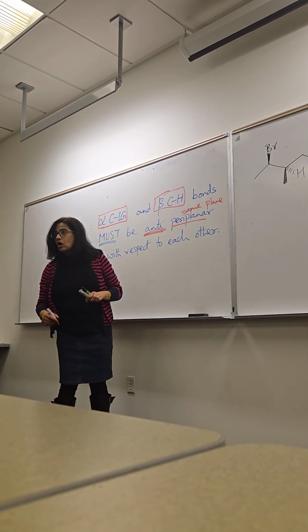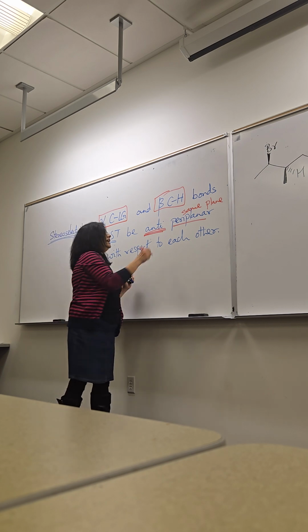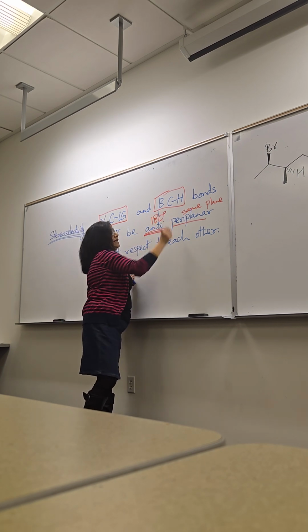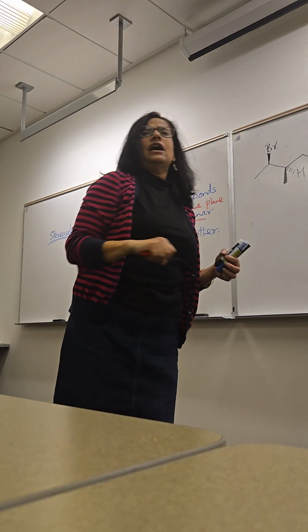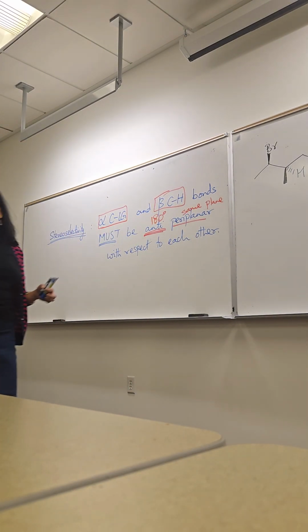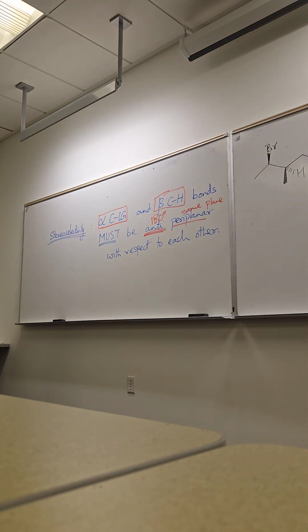No, opposite. 180. 180 degrees completely. Anti, guys, we've done this last quarter. Conformers, you've got anti-staggered, you've got gauche staggered and eclipsed and all of that. Do you guys remember? Whenever two things are anti, they are at 180 degrees from each other, in the same plane.